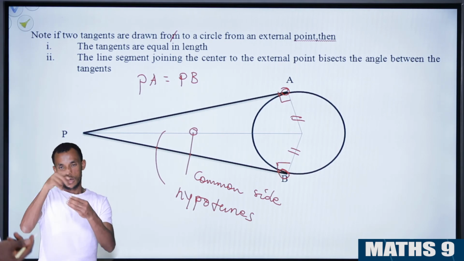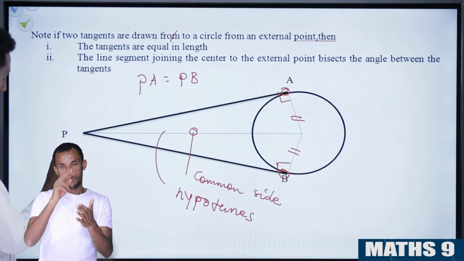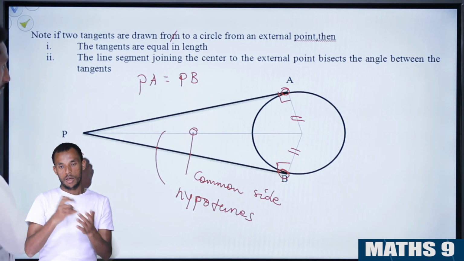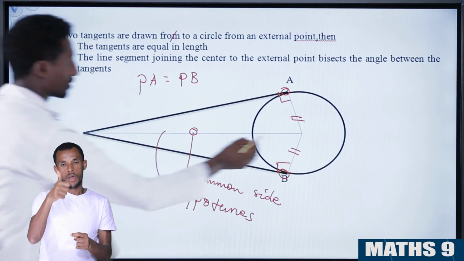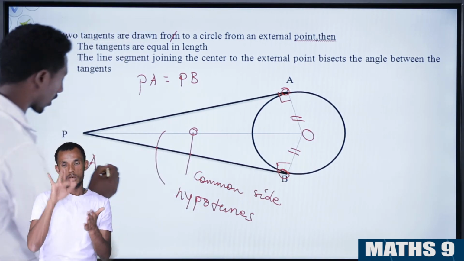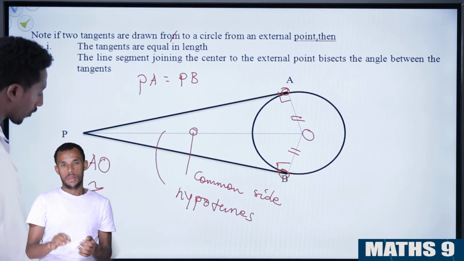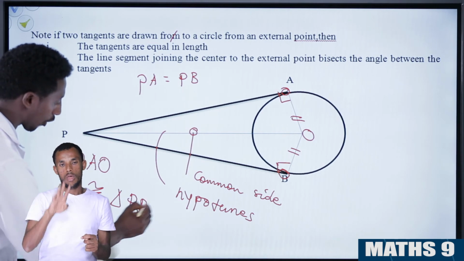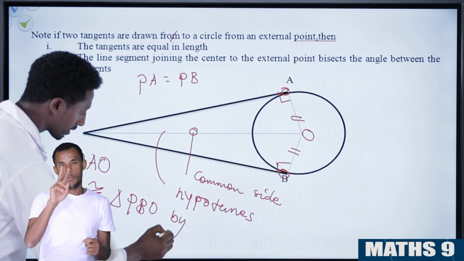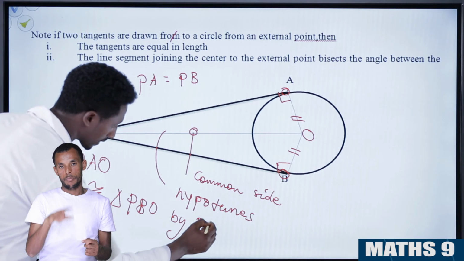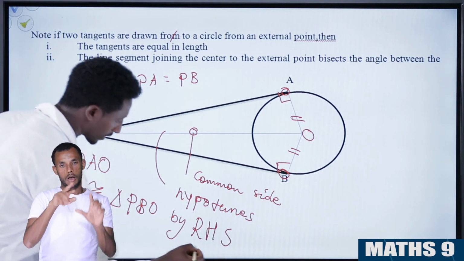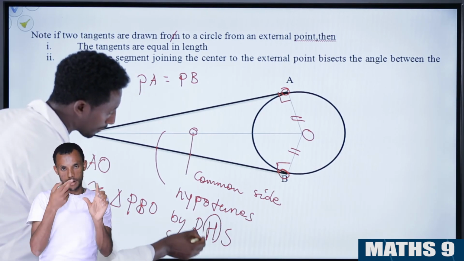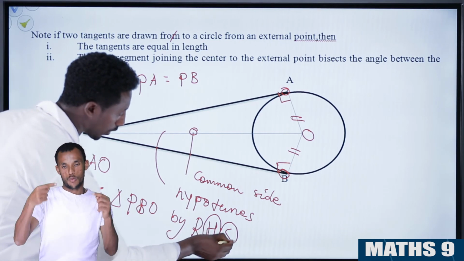So these two triangles, triangle PAO, where this is the center, let's say O, is congruent to triangle PBO by RHS: right angle, the hypotenuse is congruent, and one side.